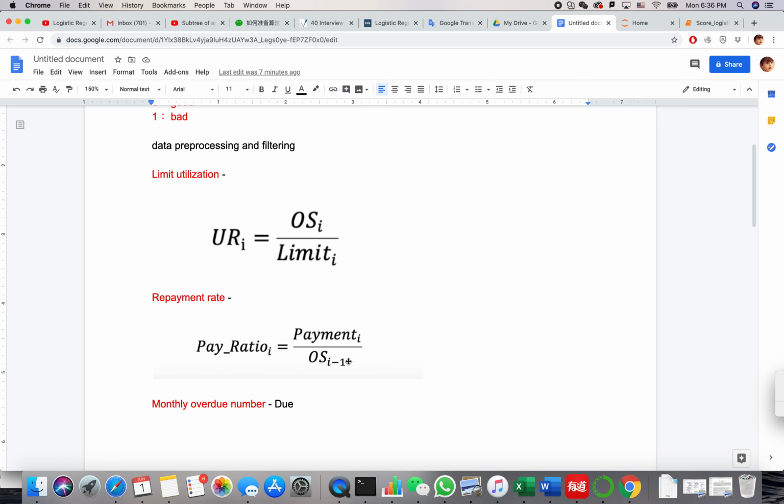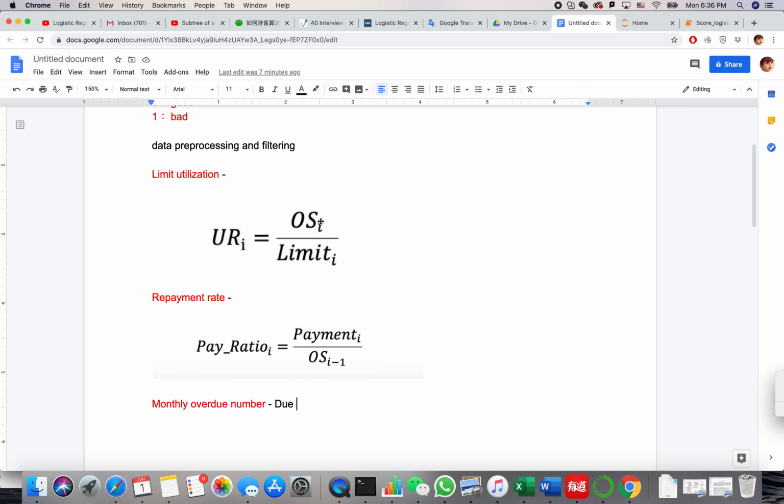But now, in my solution, if people use the outstanding divided by the limit, and the outstanding is 0 or less than 0, that means they didn't have money they need to pay the bank.